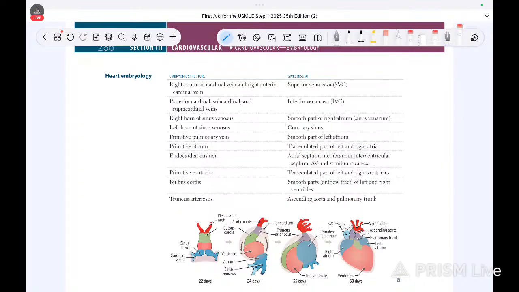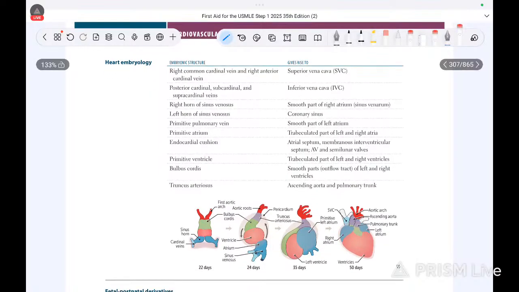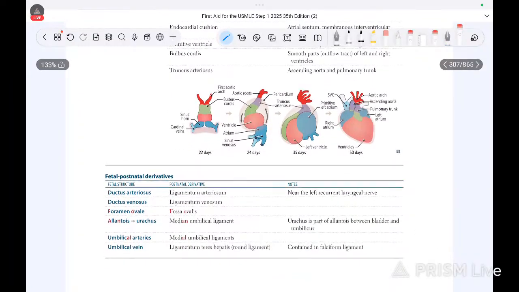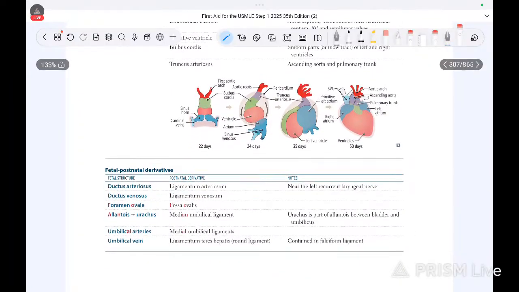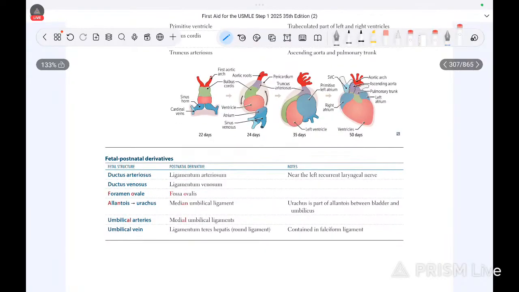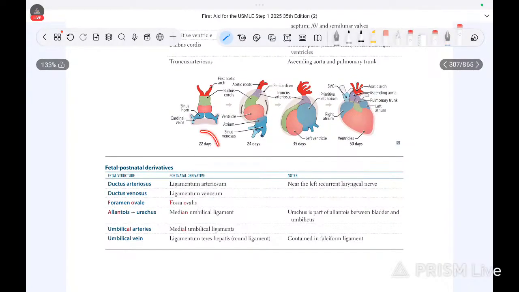The endocardial cushion forms the atrial septum, the membranous interventricular septum, and the AV and semilunar valves. The primitive ventricle forms the trabeculated part of the left and right ventricles. The bulbus cordis forms the smooth part of the left and right ventricle, and the truncus arteriosus forms the ascending aorta and pulmonary trunk. These are the derivatives of development.